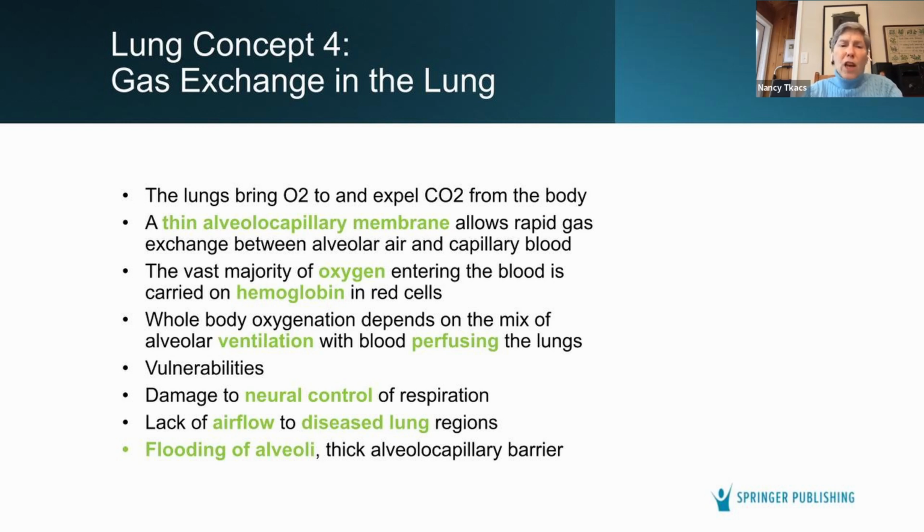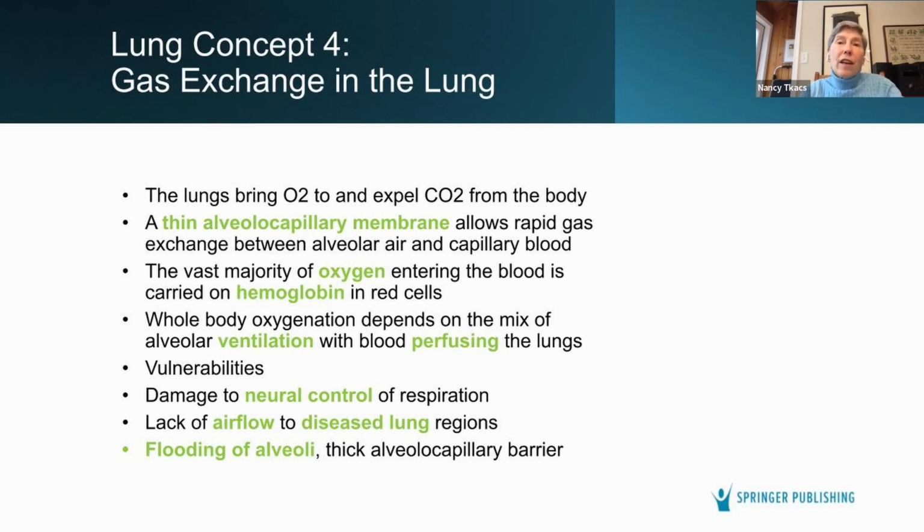First of all, damage to the neural control of respiration. As I mentioned on an earlier slide, the lungs aren't like the heart. The heart has its own pacemaker, right? But the lungs, in order to have rhythmic inflations and deflations, are dependent on the central nervous system, neurons in the medulla that project to the phrenic motor nucleus controlling the diaphragm, and also to some of the thoracic levels controlling the external intercostals.